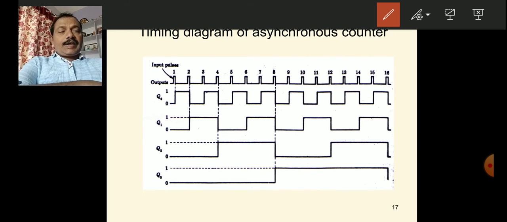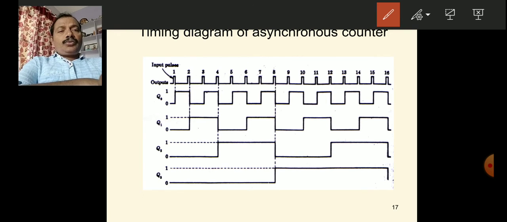Now let us see FF1. After drawing the first Q0 diagram, let us go for Q1. Now observe here. The clock received by the FF1 flip-flop is Q0.